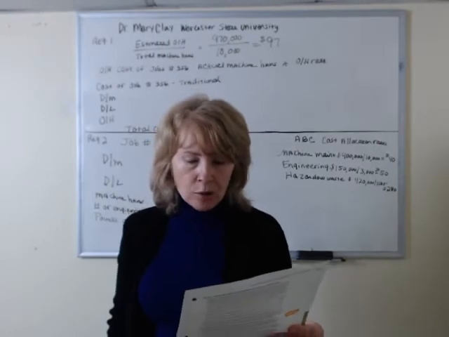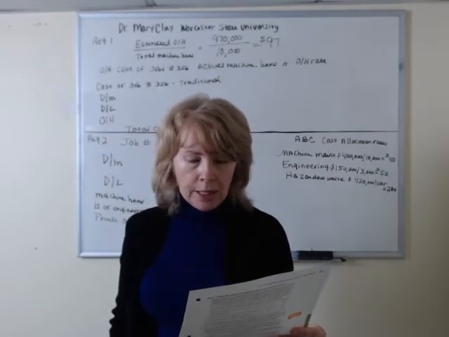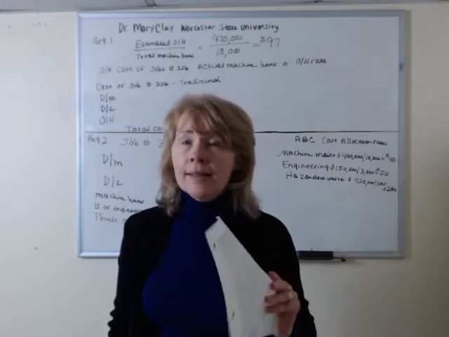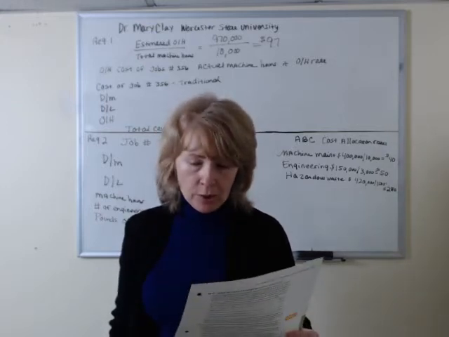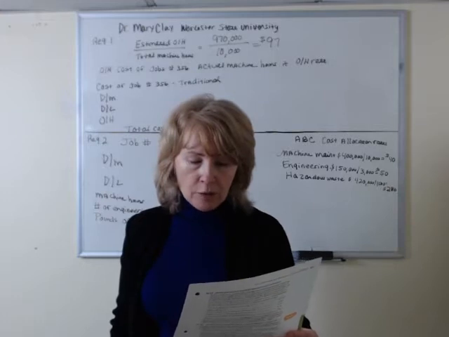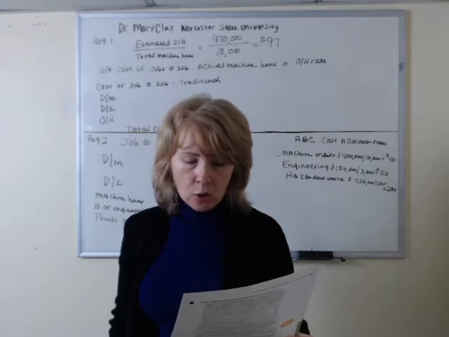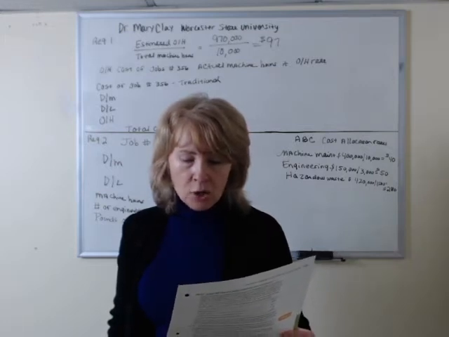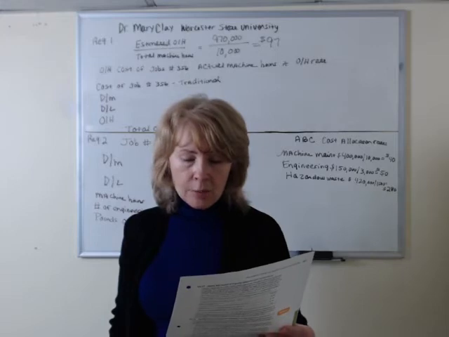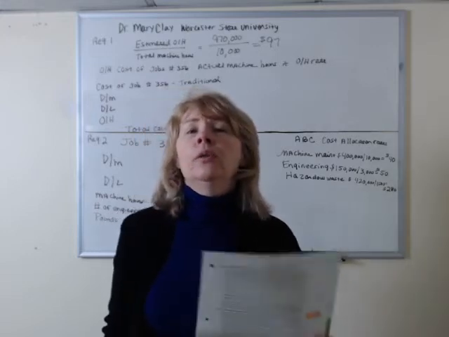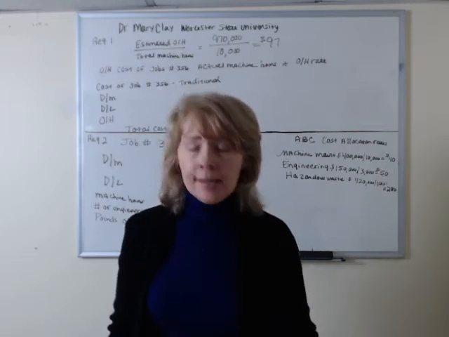The company has traditionally used a plant-wide manufacturing overhead rate based on machine hours. Remember that. That's the cost driver, machine hours, to allocate manufacturing overhead to its products. The company estimates that it will incur $970,000 in total manufacturing overhead during the upcoming year and 10,000 machine hours. This is why they want to use ABC.